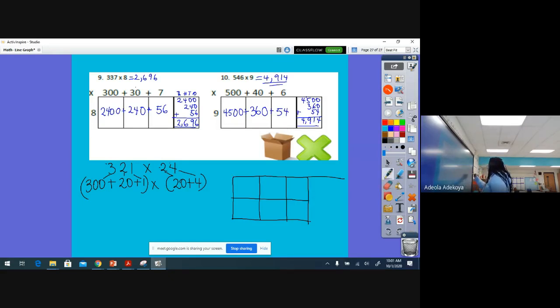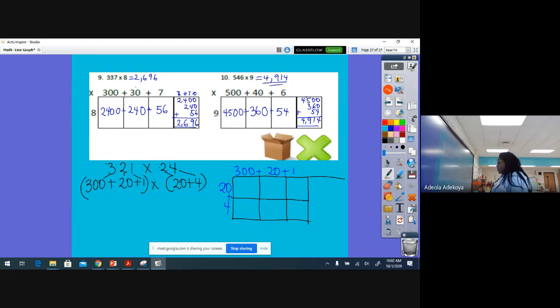So writing my problems out, I'm going to have my 300 here plus 20 plus 1, and going down vertically, I'm going to have my 20 plus 4.